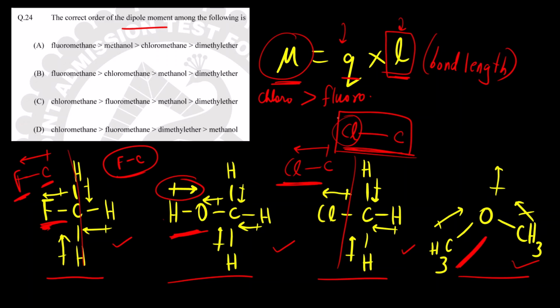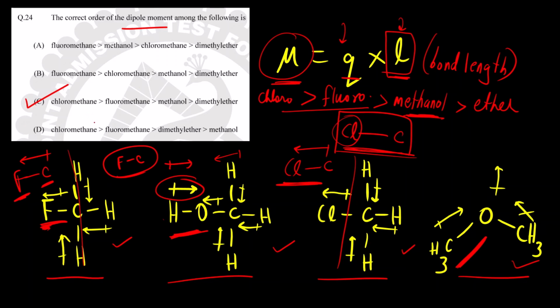That is why methanol will be more polar as compared to diethyl ether. In halogen and methanol, why does methanol have lower dipole moment? Because the direction is opposite. The oxygen direction is opposite as compared to methyl, the overall vector will be like this, so the dipole moment gets cancelled. That is why methanol will be lower.